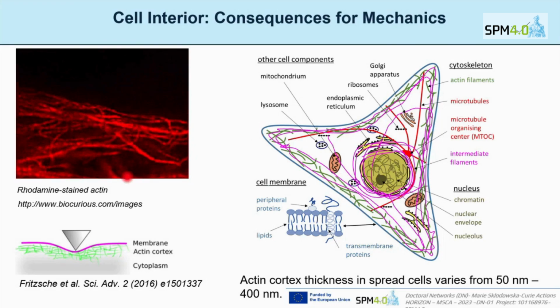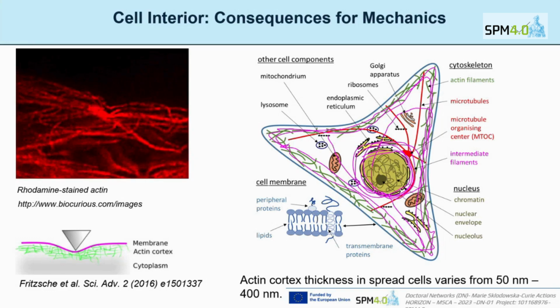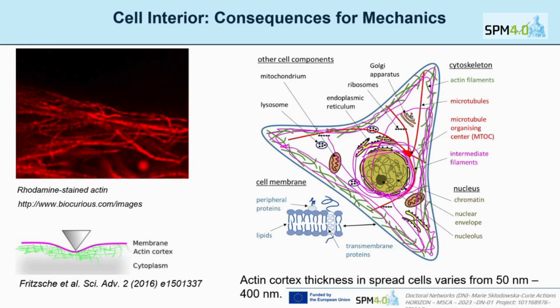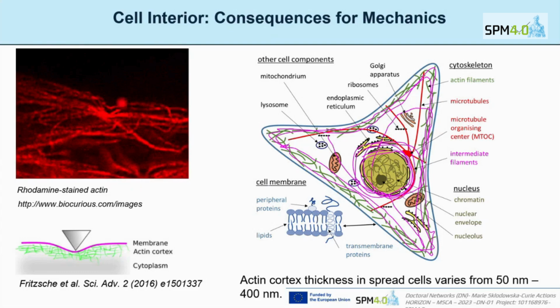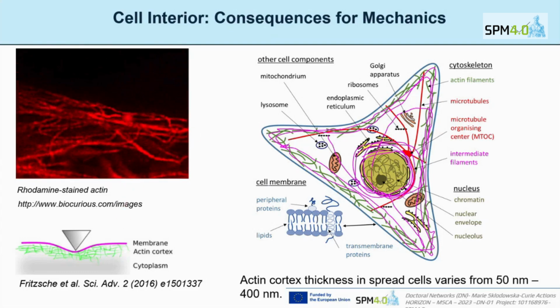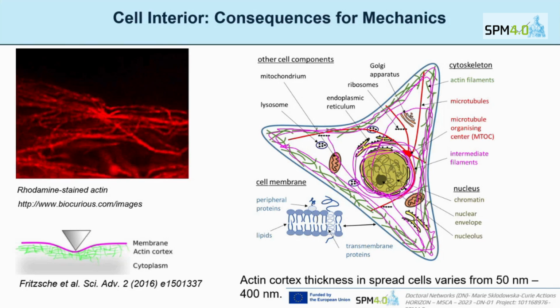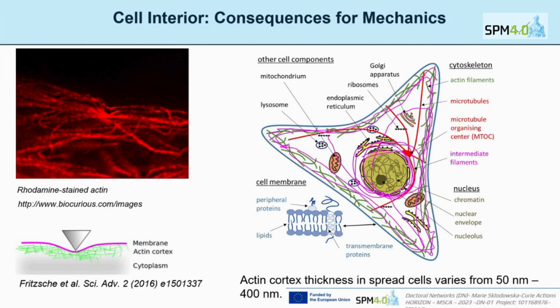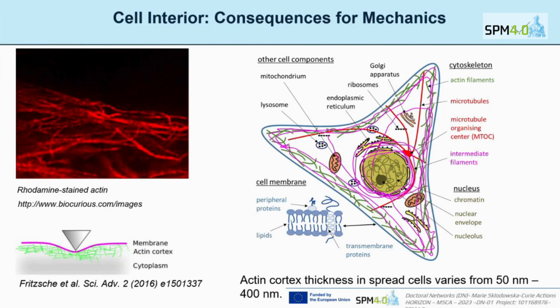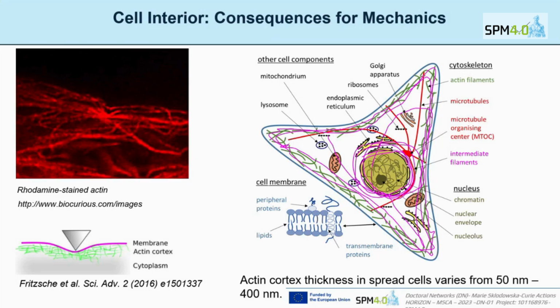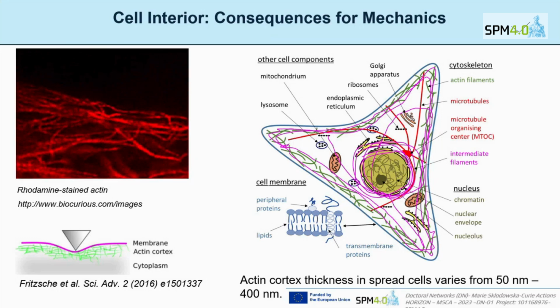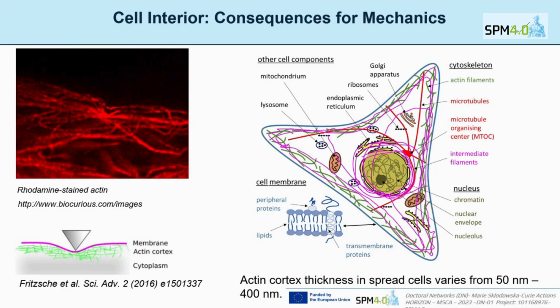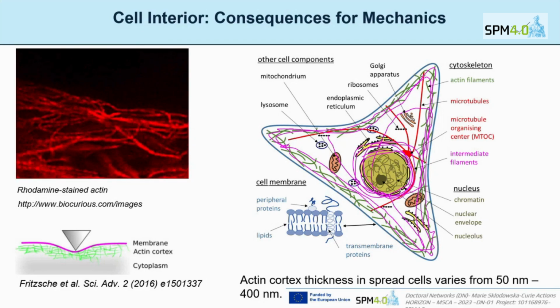On the left, you can see the visualization from a side of a probe indenting actin filaments in the cell, so you can see how they bend under the load. So the standard approach of AFM measurement is focused on looking at elastic properties of cells.